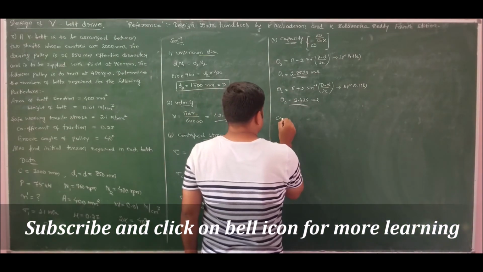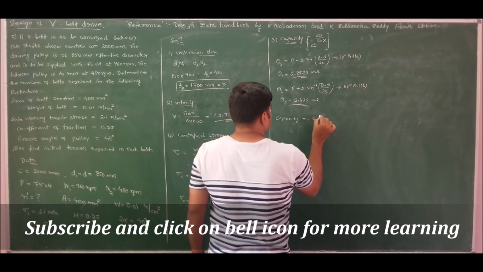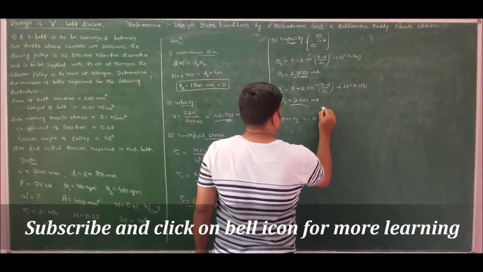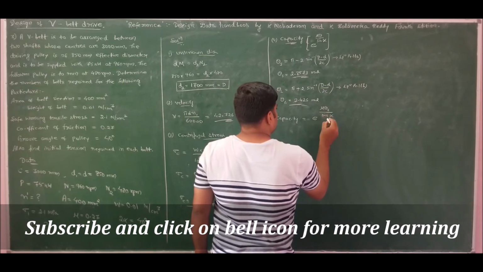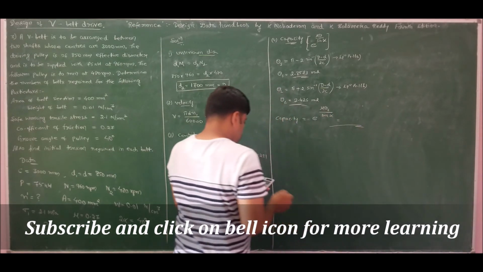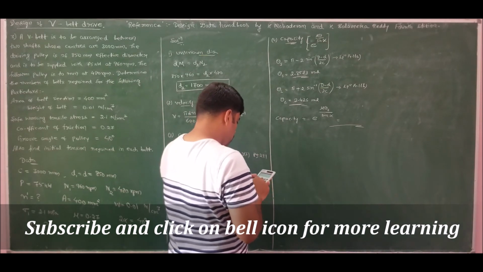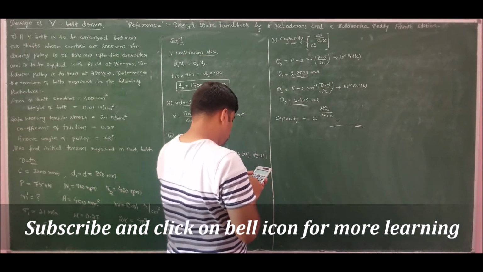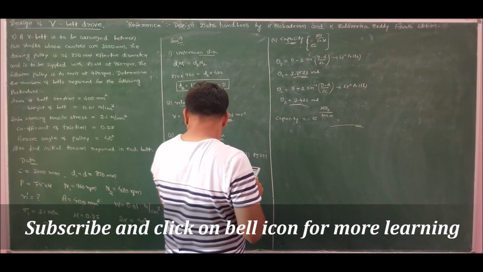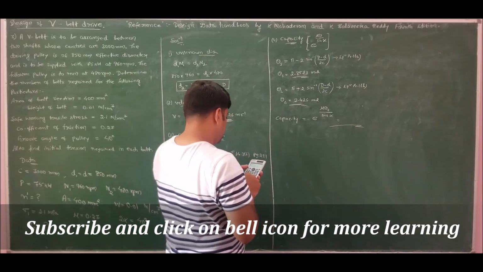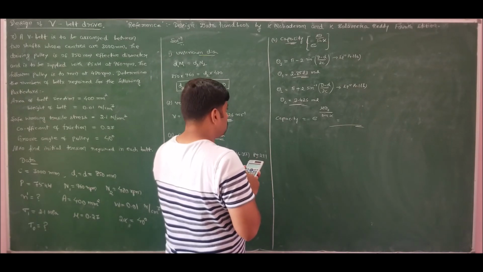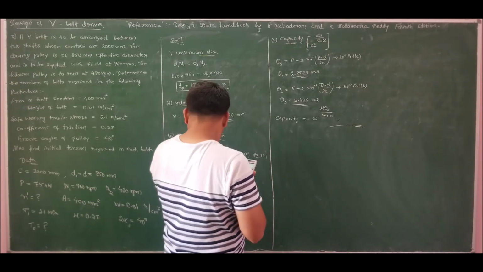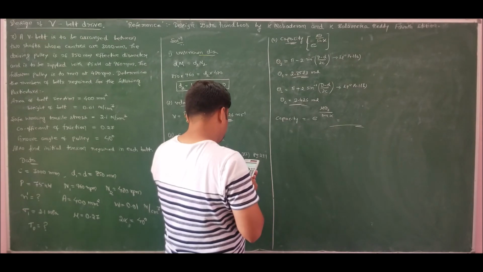Therefore capacity is equal to e to the power of mu theta s by sin alpha. That is, e to the power of mu is 0.27, theta s is 2.8573, divided by sin of alpha, which is 20 degrees.